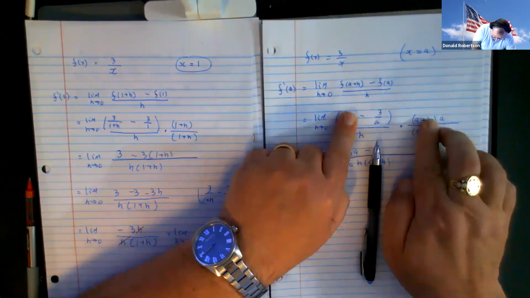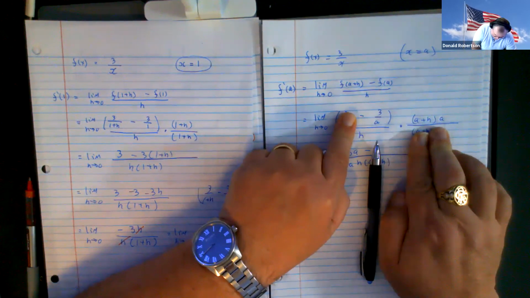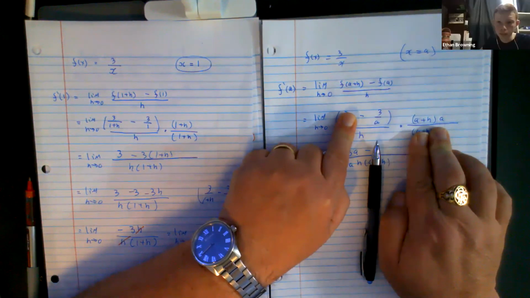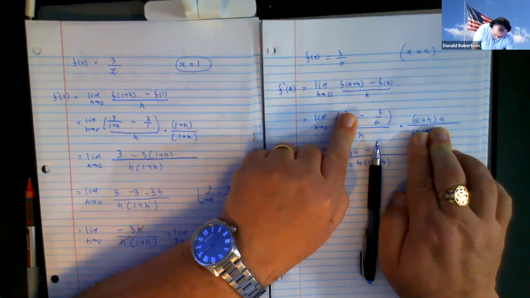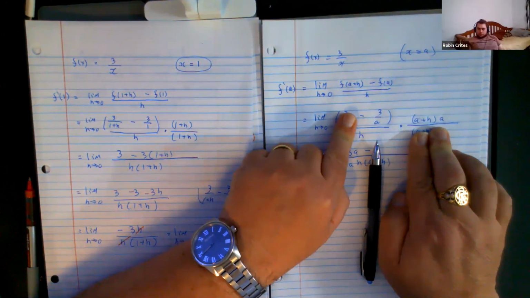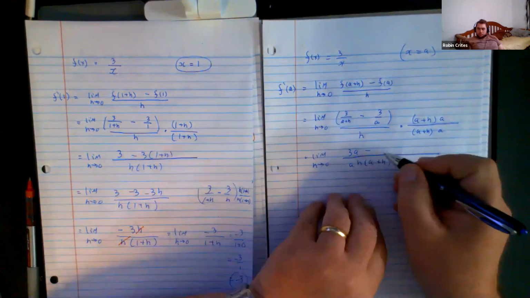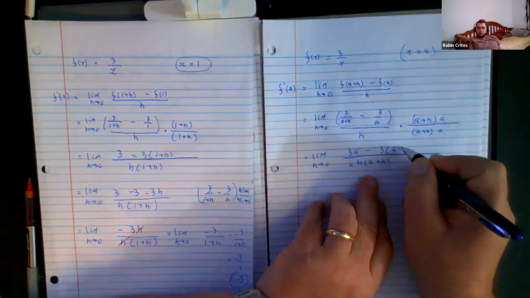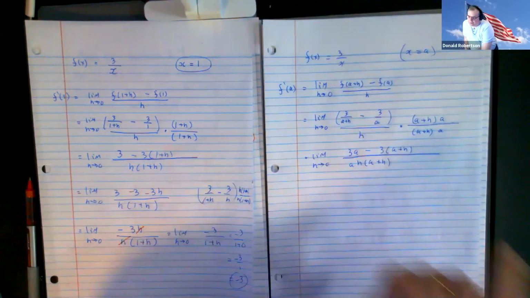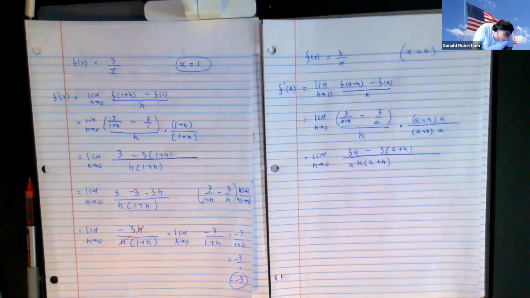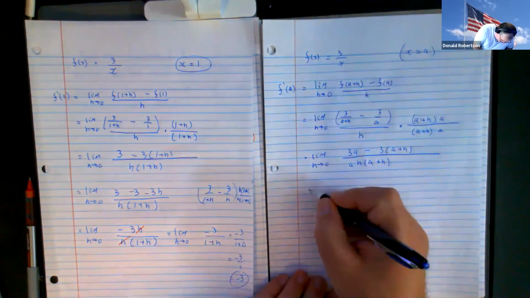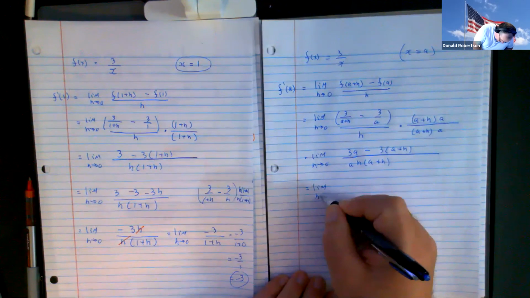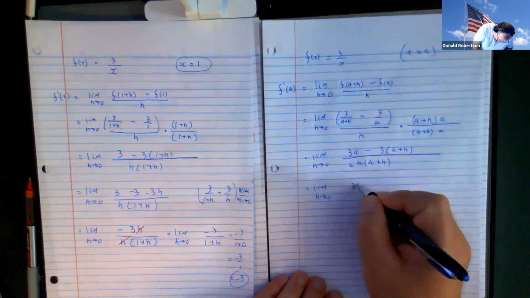Three over a times a plus h times a. 3a plus h. That's what I wanted to hear. And you notice the subtraction is still there, right? What I'm now going to do is distribute the negative 3.